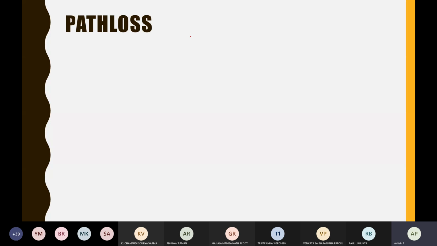Okay, so what is this path loss? It all starts with an isotropic antenna. An isotropic antenna radiates equally in all directions. Let us say it is radiating a power Pt, the transmitted power. Electromagnetic waves travel in spherical wavefronts.